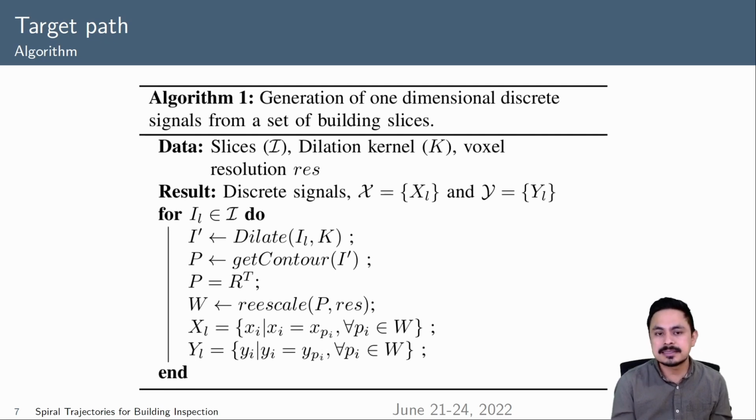So in the next step, we return from the voxel map representation to a workspace representation where we define the scale according to the real space. After this algorithm, we have a set of discrete signals for each component of the path.